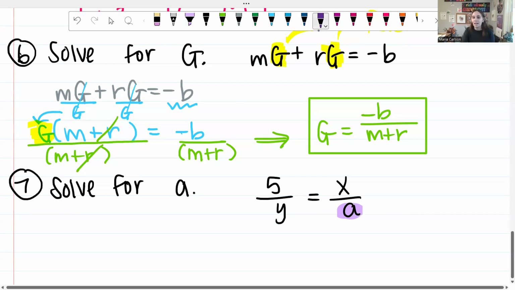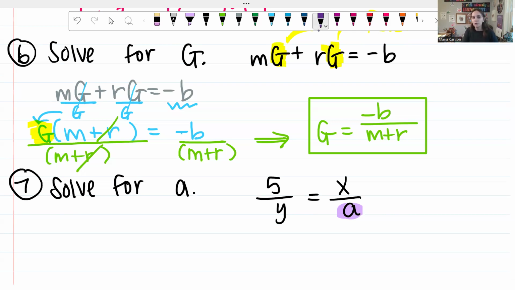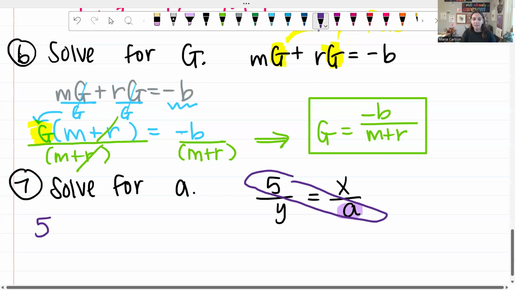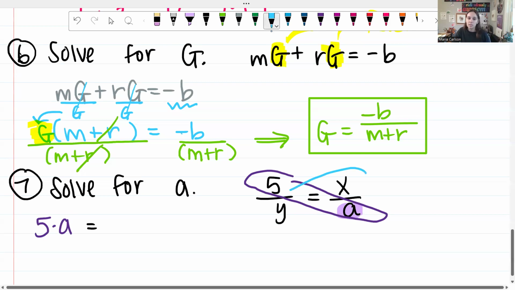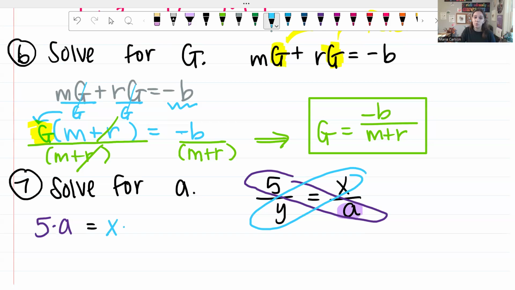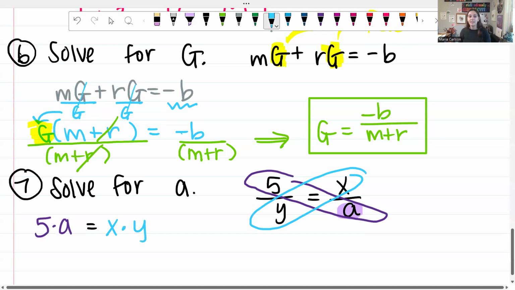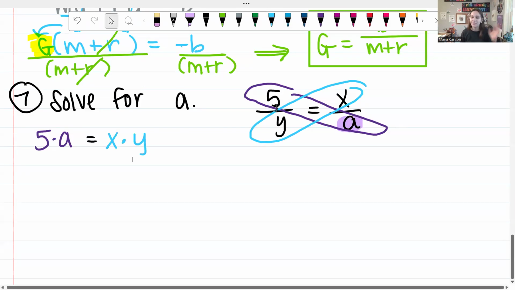You can actually think back to something you hopefully learned in middle school called the butterfly method. When you have these two fractions equal to each other, you can essentially cross multiply. So 5 times a is equal to x times y, just multiplying across like a butterfly.